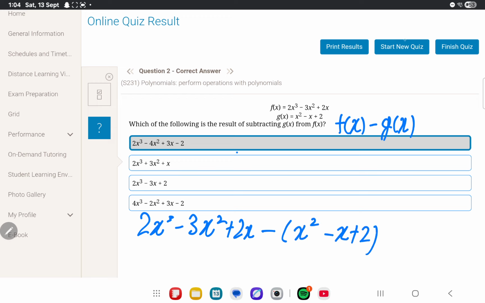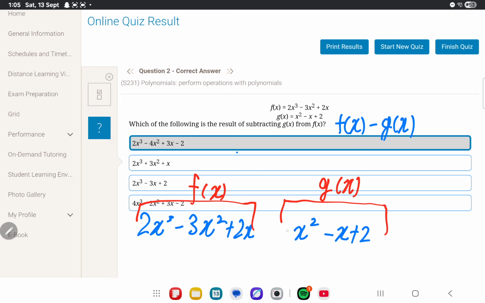So this here is f of x, and this here is g of x. Now I'm going to distribute the negative sign in one step, so it's going to be negative x squared plus x minus 2.